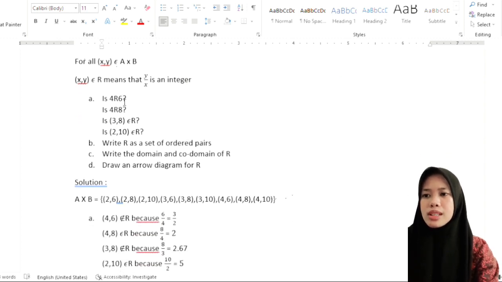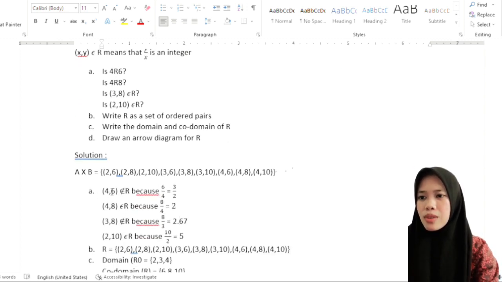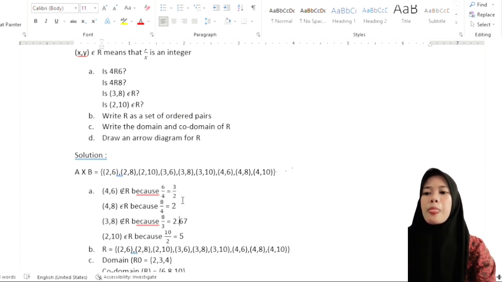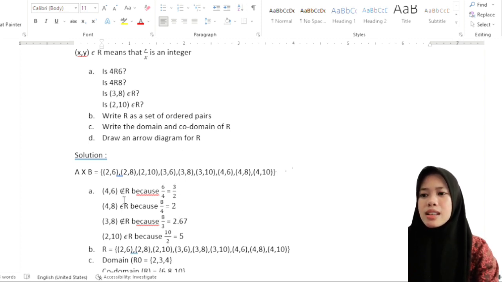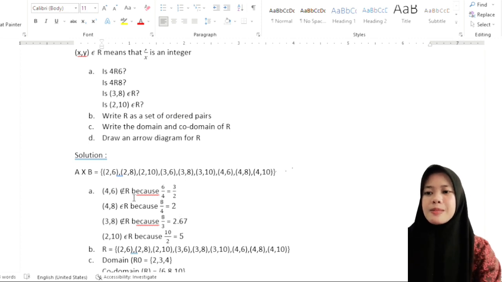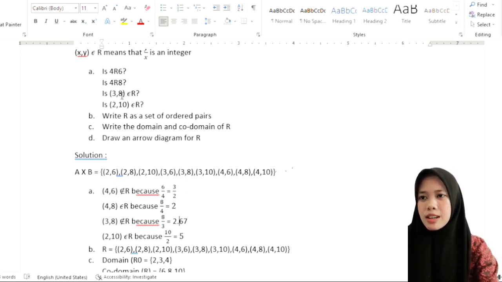So 4 related to 6: (4, 6) is not an element of R because 6 over 4 equals 3 over 2, and 3 over 2 is not an integer. So (4, 6) is not an element of R. Next, 4 related to 8: (4, 8) is an element of R because 8 over 4 equals 2. 2 is an integer, so (4, 8) is an element of R.